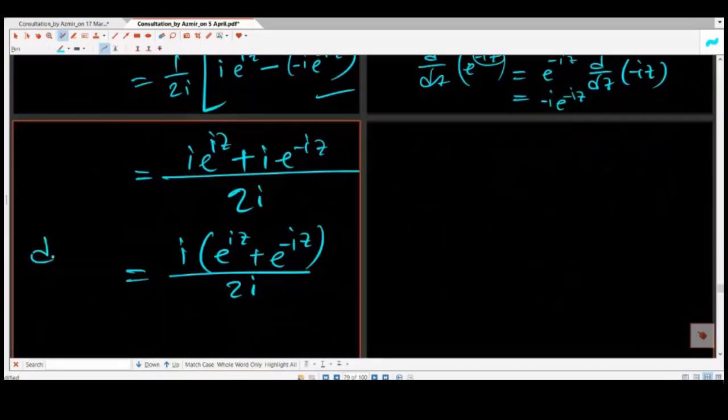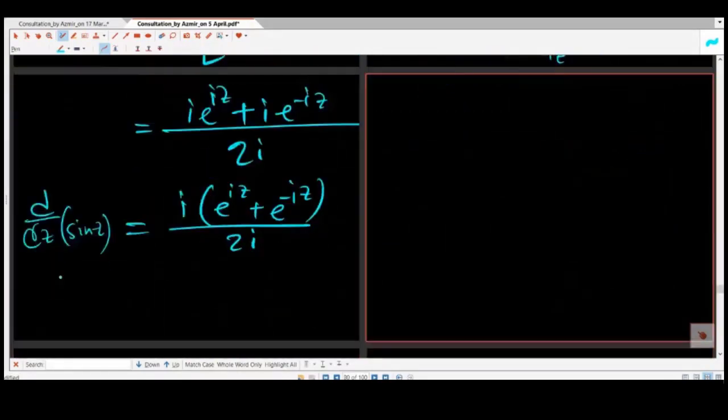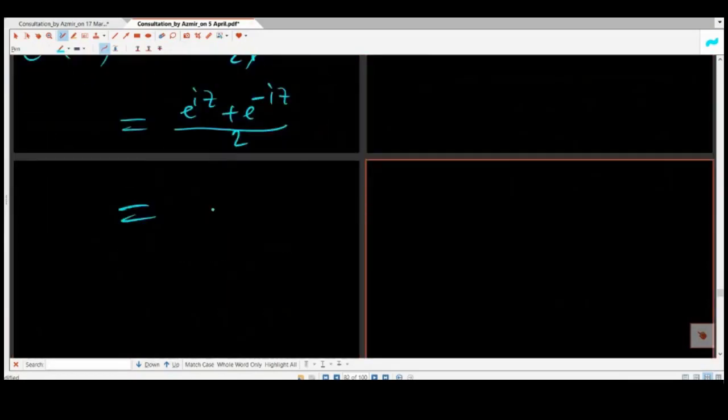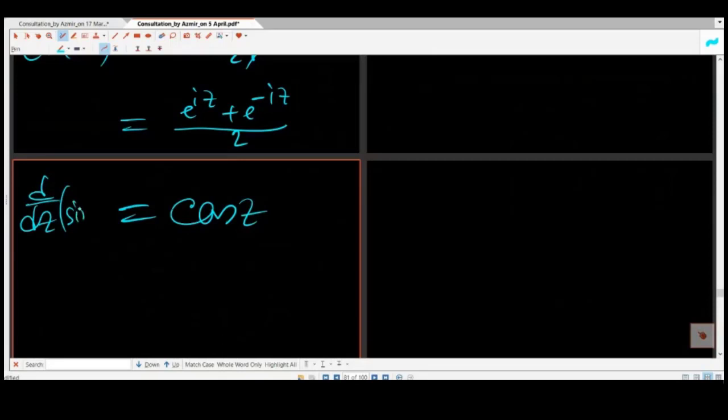So d/dz of sine z equals this. Now we know that (e^(iz) plus e^(-iz)) over 2 is equal to cosine of z. So we have proved d/dz of sine z is cosine z.